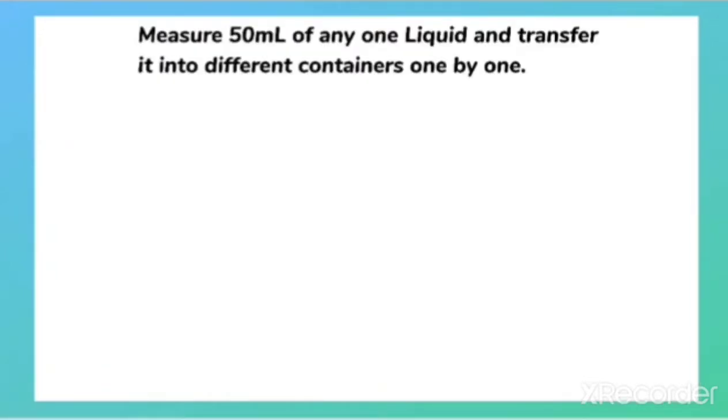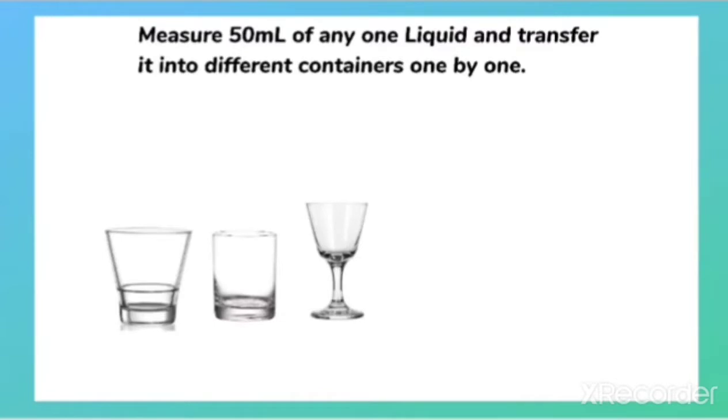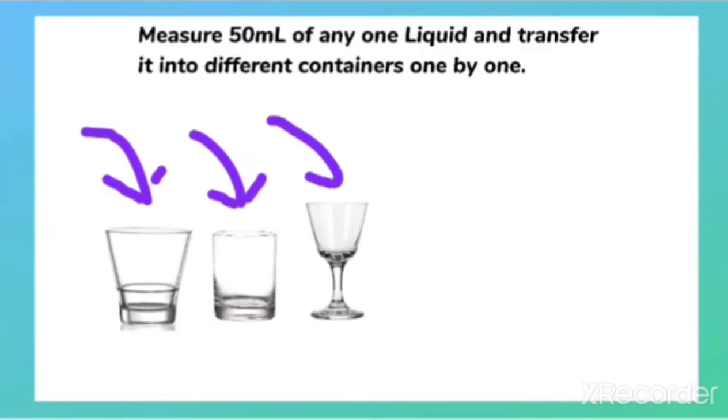Measure 50 ml of any one liquid and transfer it into different containers one by one. Let us take three different shaped containers and transfer the 50 ml into these one by one.